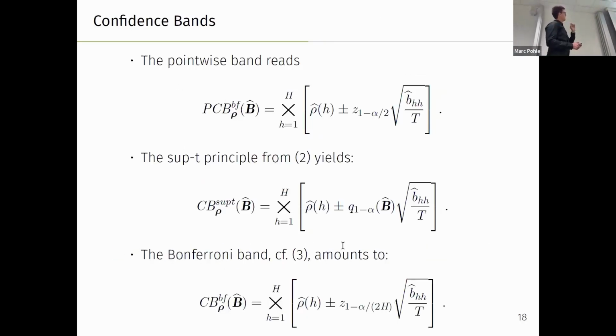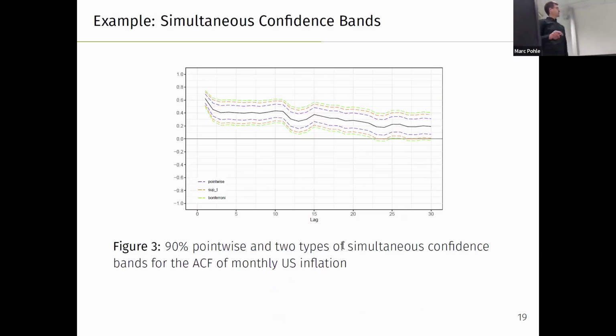Okay, and I'll show you an empirical example first. That's monthly US inflation, month-on-month US inflation. The black line is the empirical autocorrelogram. The purple line, the narrowest band, are the pointwise bands, which are too narrow because they have undercoverage.